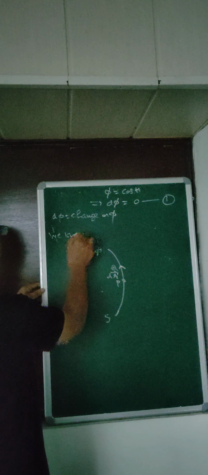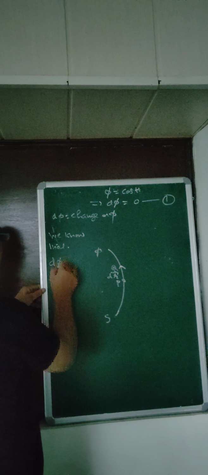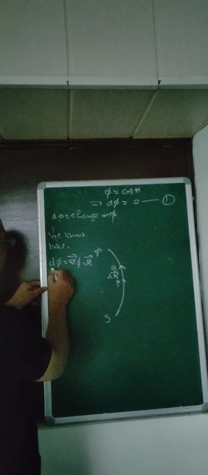Now in our previous article, where we did the physical meaning of grad phi, we know that d phi can be written as del phi dot dr. You can check your notes; last article we had written this equation, d phi is always written as del phi dot dr. So now, what is the value of d phi?